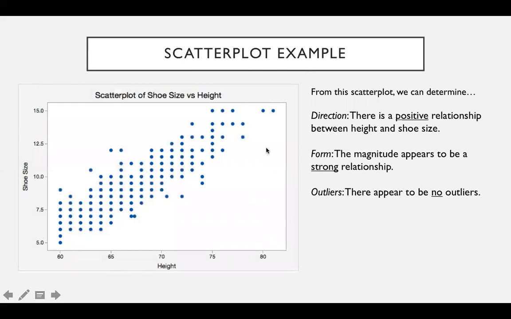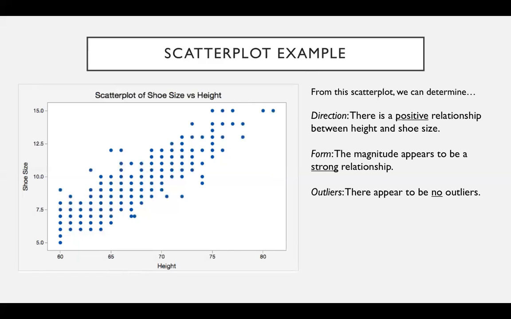So here's an example of a scatter plot. To put all those terms that I just explained together, you can see here in the picture. From the scatter plot of shoe size versus height, we can determine, based on the direction, that there is a positive relationship between height and shoe size.